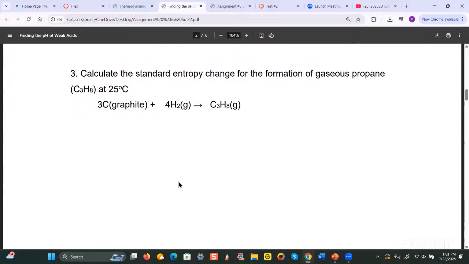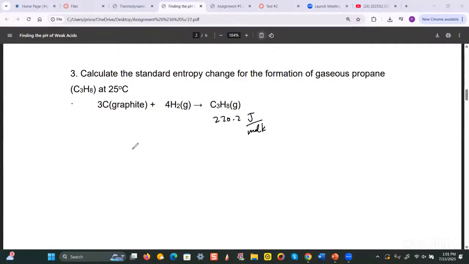Question number 3 says to calculate the standard entropy change for the formation of gaseous propane. And this is the equation given. So again, you have to consult the tables. In the case of propane, the value is 270.2 joules per mole Kelvin.